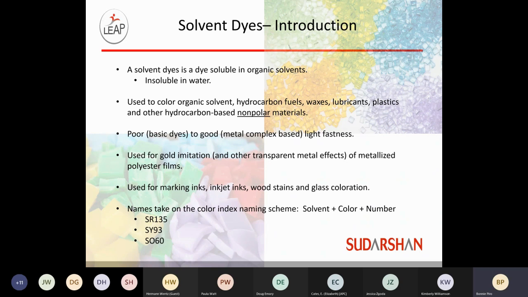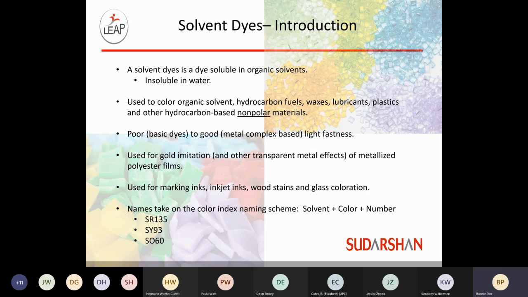Light fastness ranges from poor to good depending on the chemistry of the dye. So basic dyes would be on the poor end of light fastness, whereas metal complex-based dyes would be on the good end.